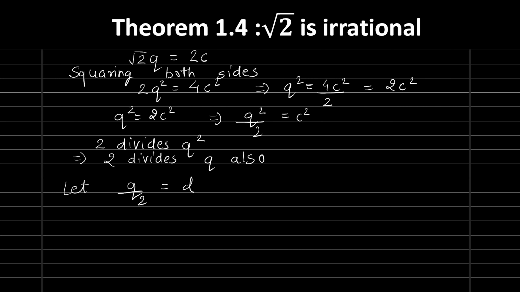Let q by 2 equals to d, which implies q equals to twice of d. Now here in the previous case, we assumed p equals to 2c and we got q equals to 2d, which means you can observe in both of them 2 is a common factor, right?